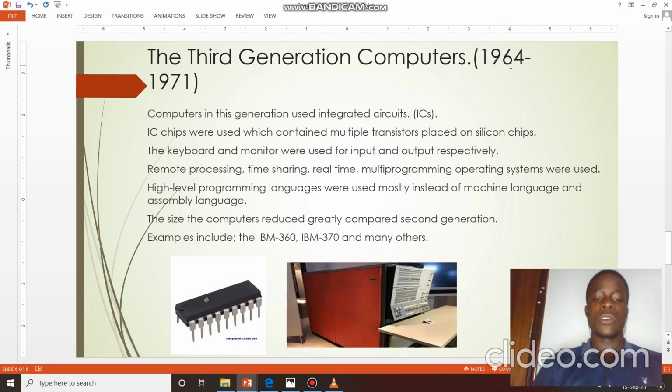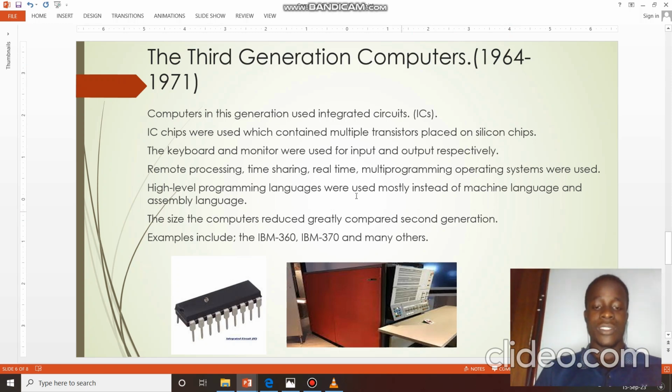Here there was a keyboard and a monitor, used as input and output respectively. The third generation involved remote processing, time sharing, real-time programming, and operating systems. High-level languages were mostly used instead of machine language.